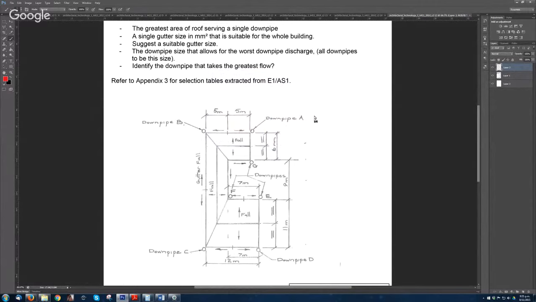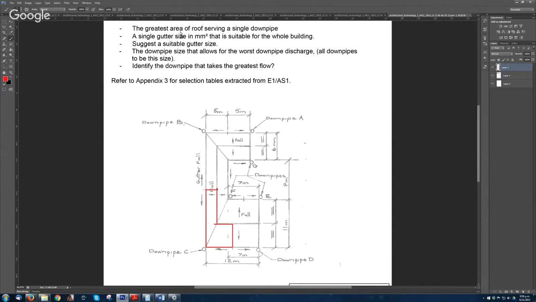So we have downpipes A, C, D, E, F, G. For example, C, the area going into this one is this only, because you can see the gutter is going both ways in the middle. Same here. So that's the surface going into this one.